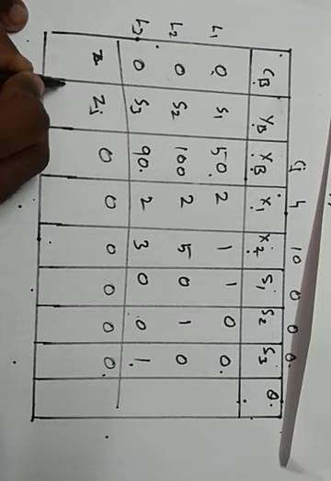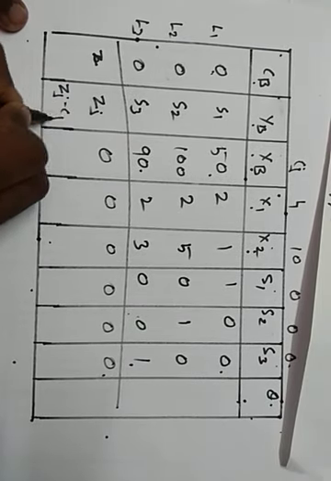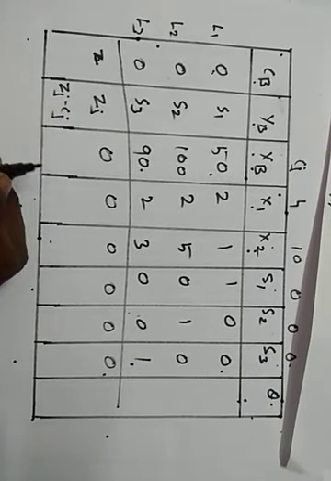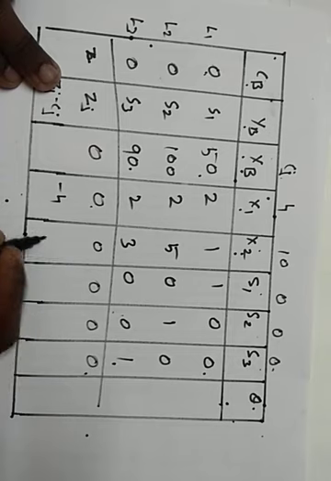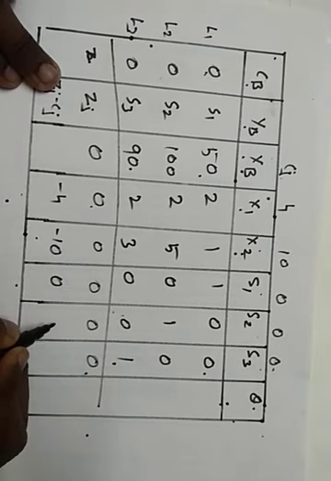And then Zj minus Cj is, Cj is being here. So we can calculate Zj is 0, and 0 minus 4 will absolutely be minus 4, and minus 10, and 0 minus 0, 0, 0 and 0.